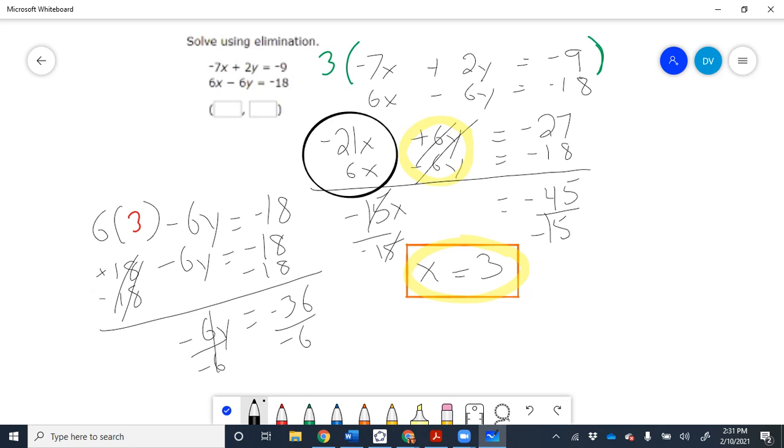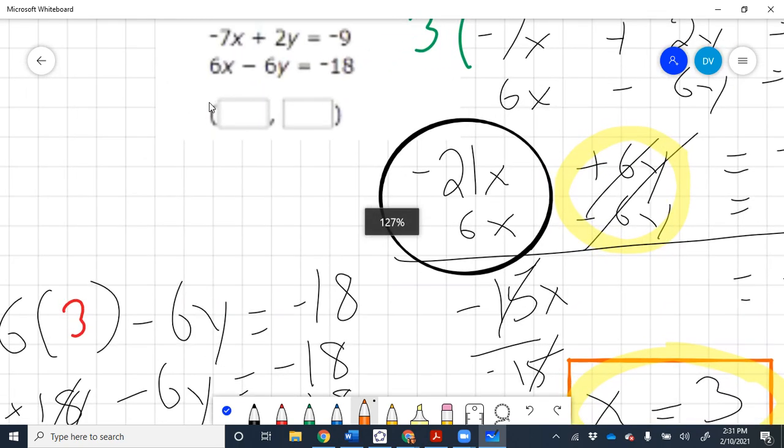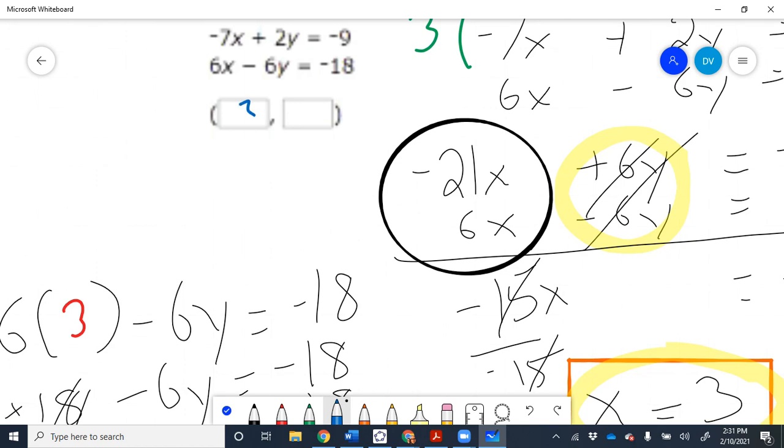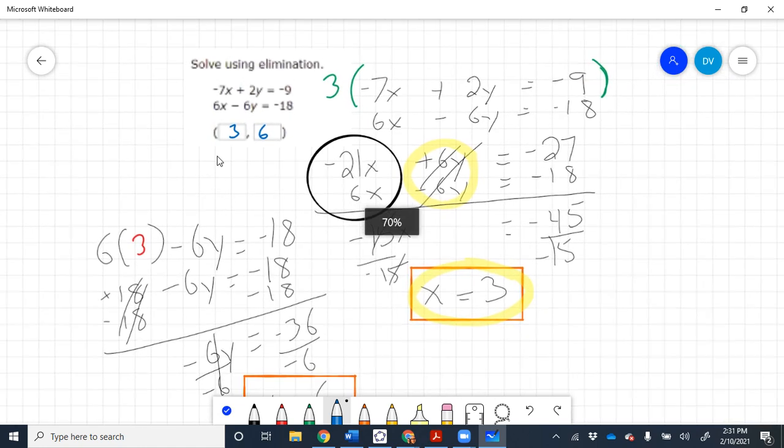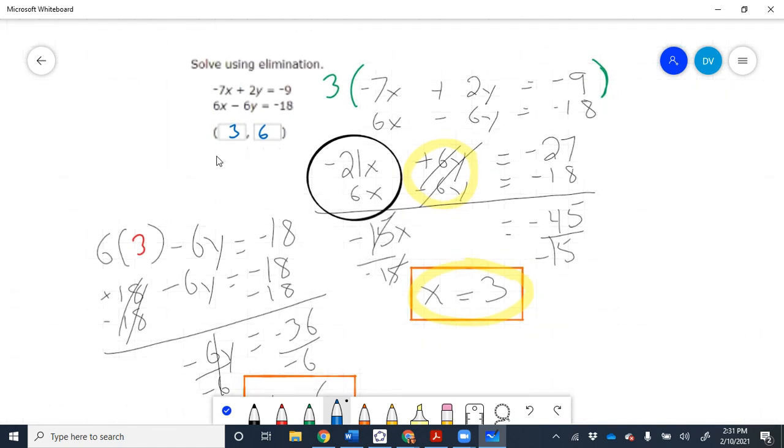And I think we're going to get +6 for our answer here. y equals 6. So that's the other part of my answer. Which comes first here, the 3 or the 6? Right, the same order that we put them in the alphabet. So in your answer box here, we want to put 3, 6.